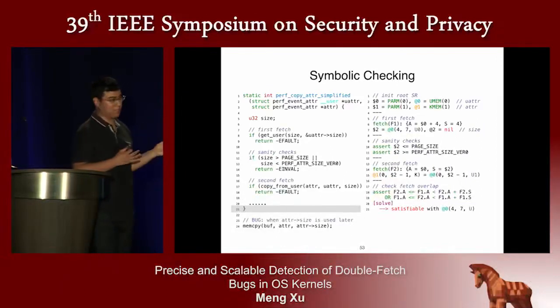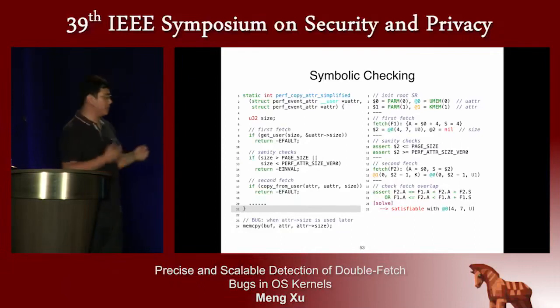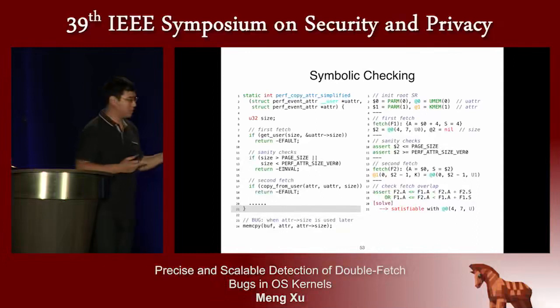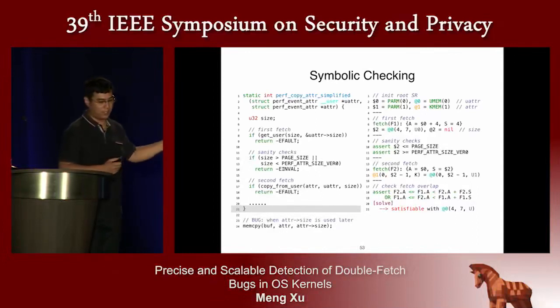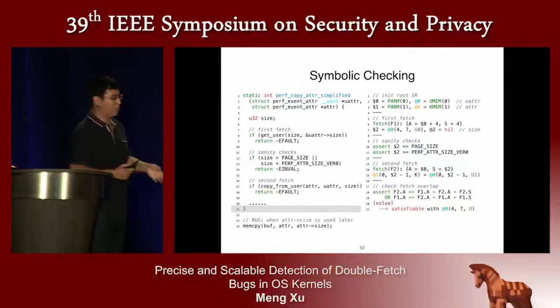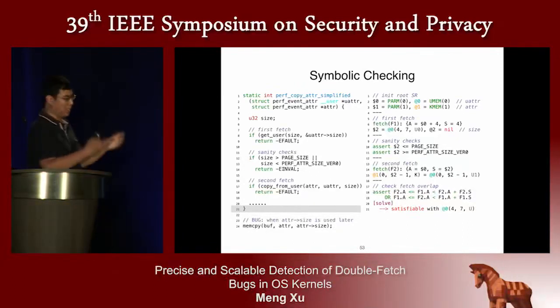If they do, there is an overlapped fetch. In this case there is an overlapped fetch, and the region is annotated with 0, 4, and 7, which means it's the user space memory pointed to by UATTR from byte 4 to byte 7. This is the overlap region.